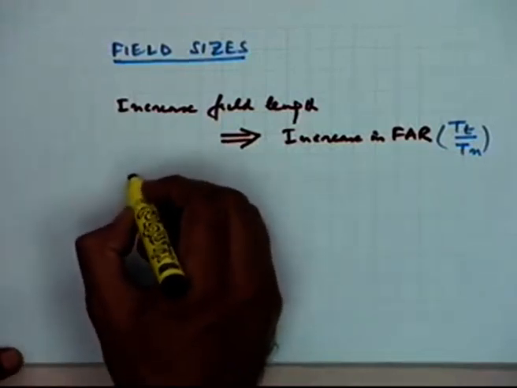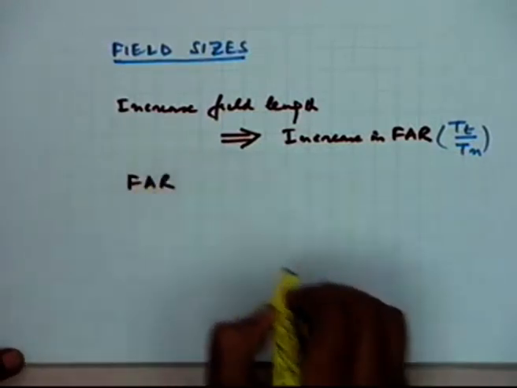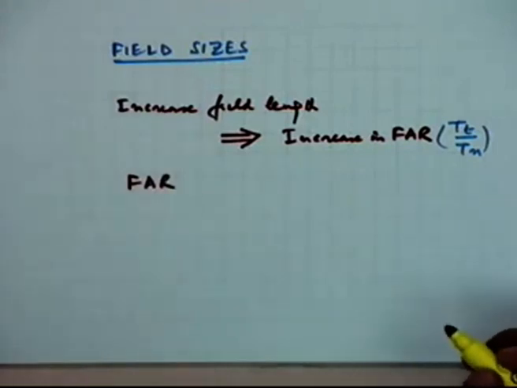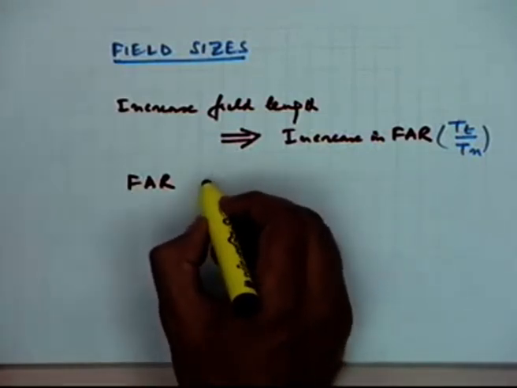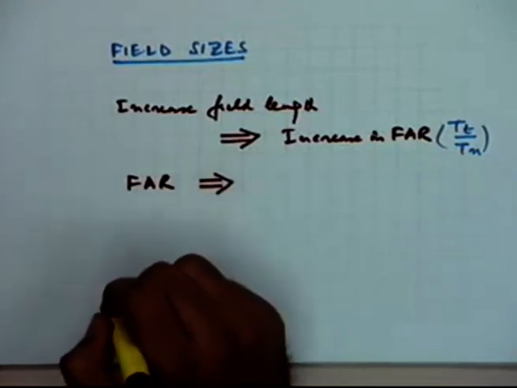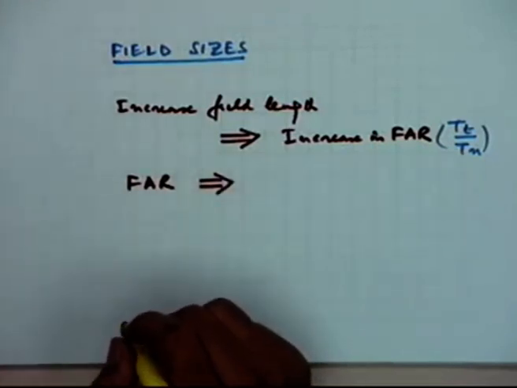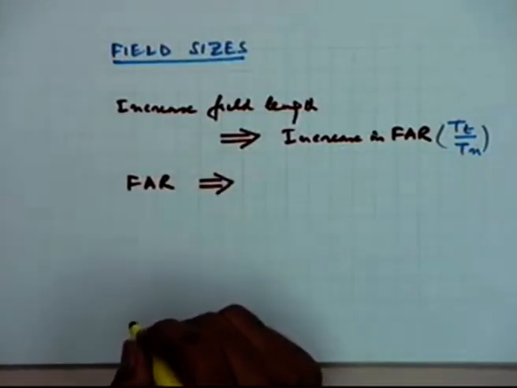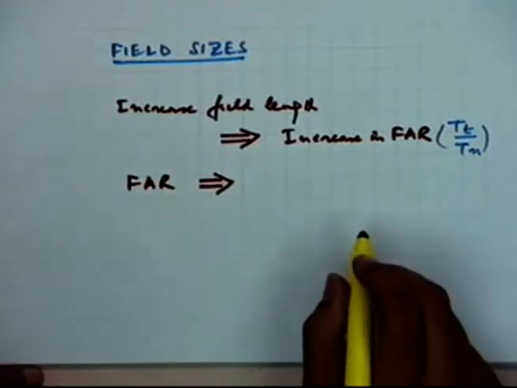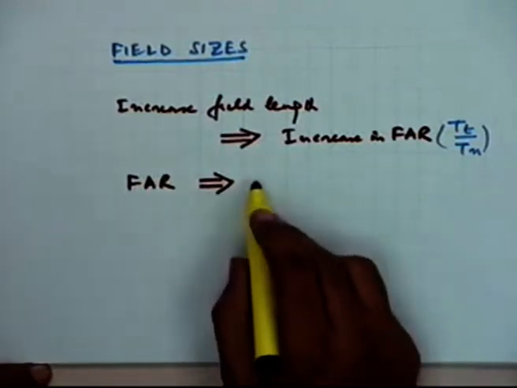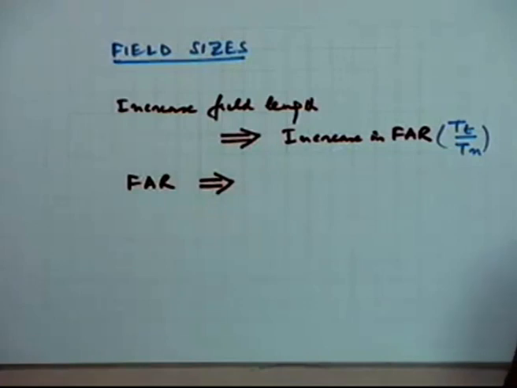If you just look at the various relationships we have derived so far, if you increase the FAR, what does it amount to? If the FAR is more, there will be more deep percolation. That is what we have seen earlier in the previous lecture, when I had given you a table also. If the FAR increases, what happens?